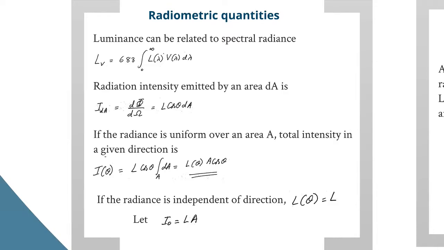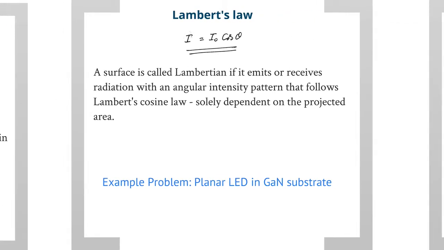If you also make the assumption that the radiance is independent of the direction, in other words, the source is simply emitting everywhere equally, so L of theta is L, then you can write this whole thing as a constant. This becomes L times A. We can write this I naught. This gives us a very important law called Lambert's law. We will see this again and again. Many surfaces, or many sources, are called Lambertian if they follow this law, that the intensity follows a cosine theta dependence.